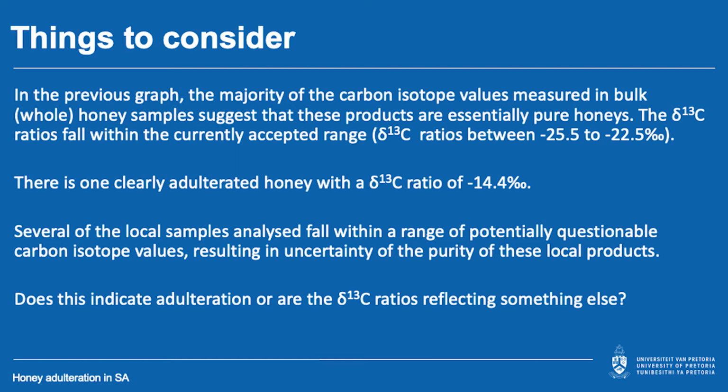It was basically a sugar syrup flavoured to taste like honey, but not really. A number of the local samples that we also analysed fell in the questionable area of carbon isotope values, so there's a bit of uncertainty about the purity of these products. But the question is, does this indicate that these samples were indeed adulterated, or are the isotope ratios reflecting something else that we need to account for?